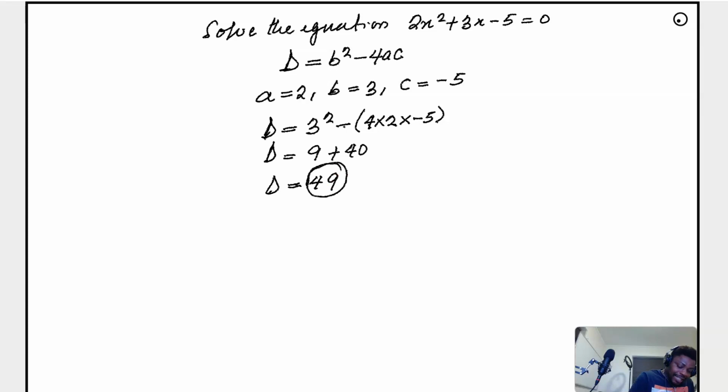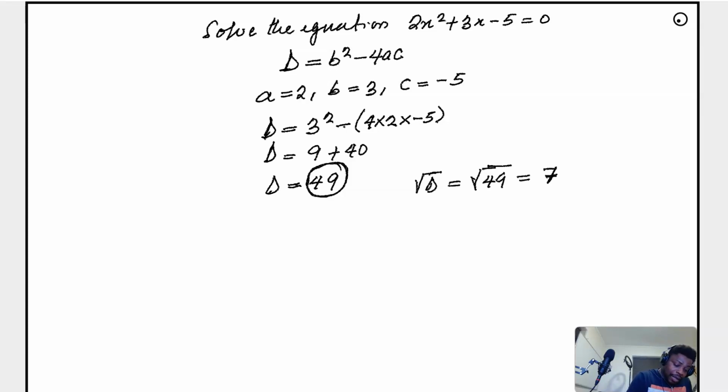49 is a perfect square. Why? Because if I look for the square root of D, which is root of 49, I'm going to get 7. So 49 is a perfect square.